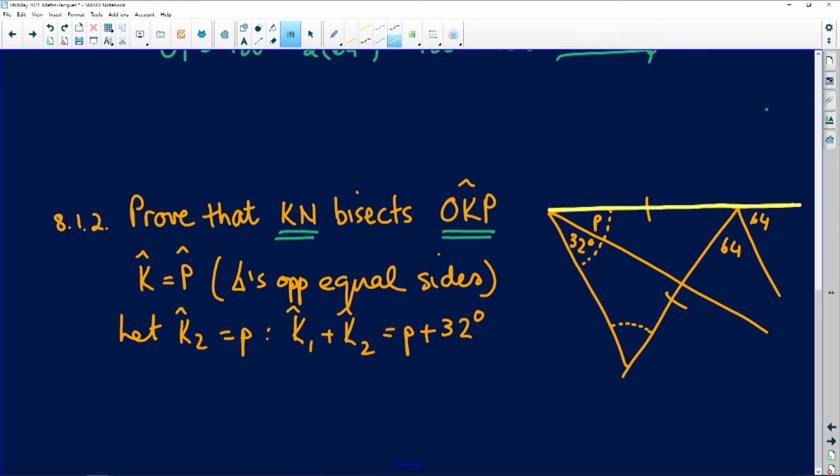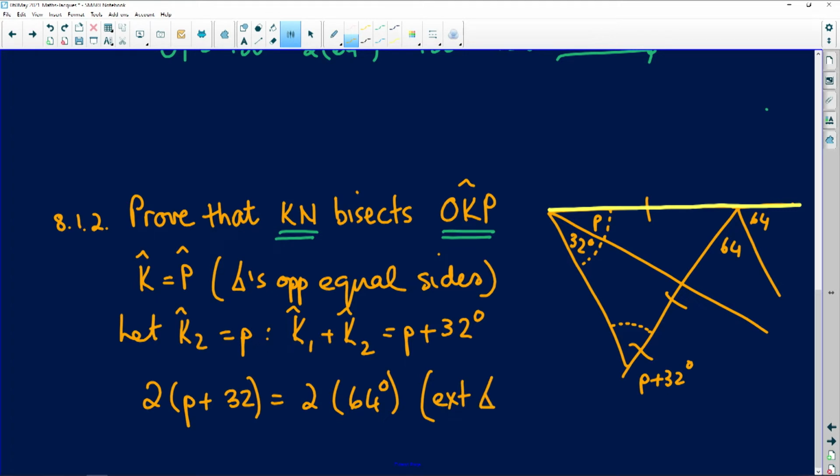That's why we said this is a straight angle. So these two are equal. I've already stated why that's the case. So this is P plus 32. So two of those P plus 32 angles is equal to two of the 64s. And why is that so? It's the exterior angle of a triangle. And remember, this was triangle POK.